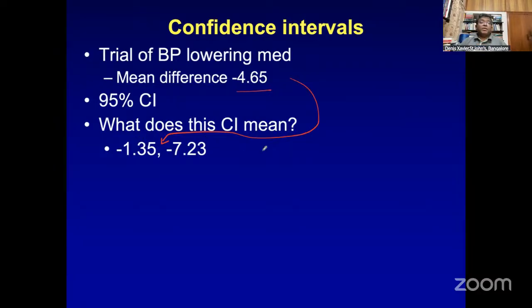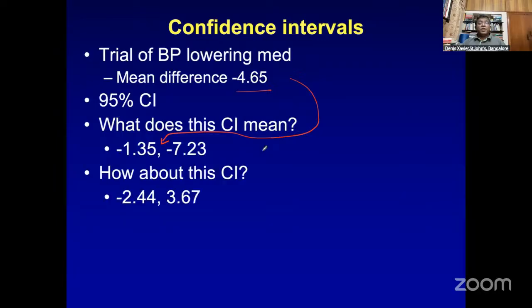All right. Now let's look at another confidence interval. What about minus 2.44 and 3.67? Can you get a confidence interval like this? So minus 2.44 has come all the way to 0, plus 1, plus 2, plus 3 to 3.67. What does this one mean?